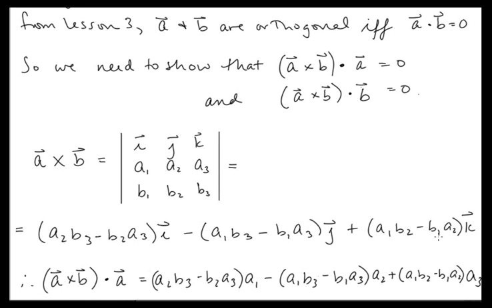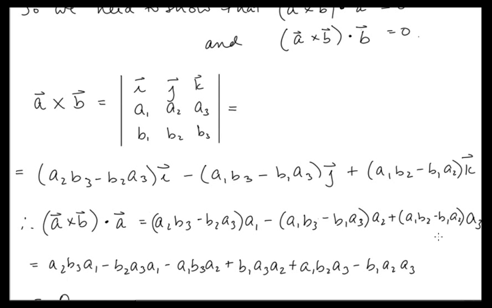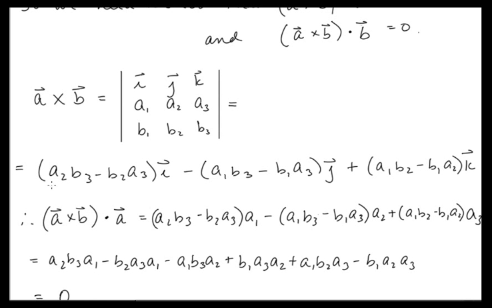And now we want to take this and dot it with vector A. So that means we need our I component multiplied by A1 plus our J component multiplied by A2 plus our K component multiplied by A3.